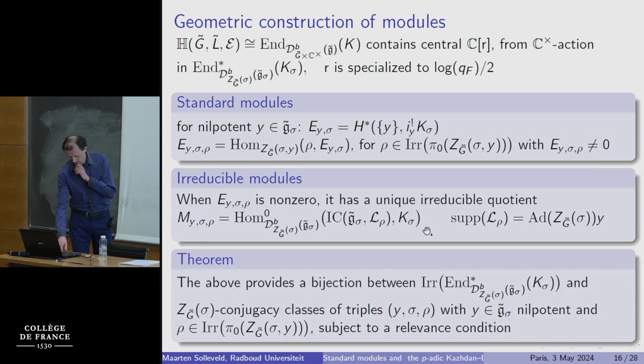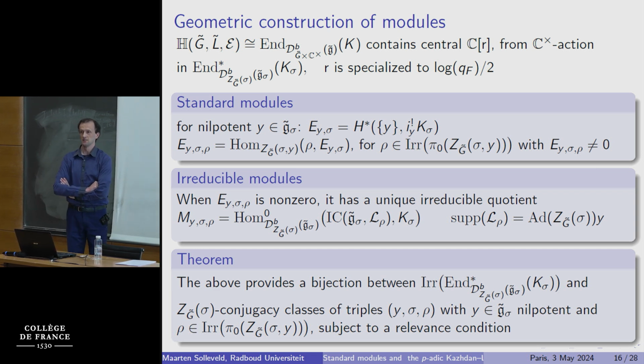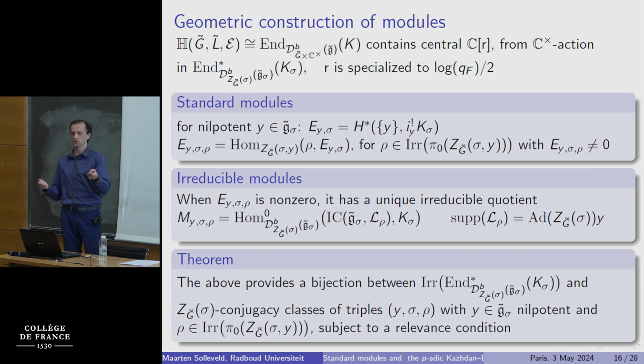Okay, so as I said, like for P-Adic groups, for these graded Hecke algebras you have a similar situation: you have the standard modules, you have the irreducible quotients, and this gives you a bijection between standard modules and irreducible modules.